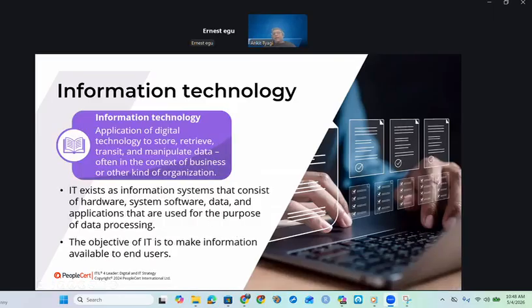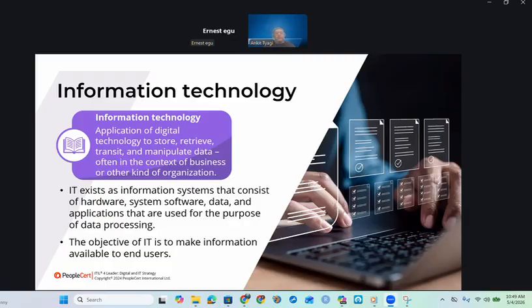Taking it a little deeper with information technology, they say the application of digital technology to store, retrieve, transmit, and manipulate data, often in the context of a business or other kind of organization, is what is called information technology. IT exists as an information system that consists of hardware, system software, data, and applications used for the purpose of data processing, something that we all know about, right?